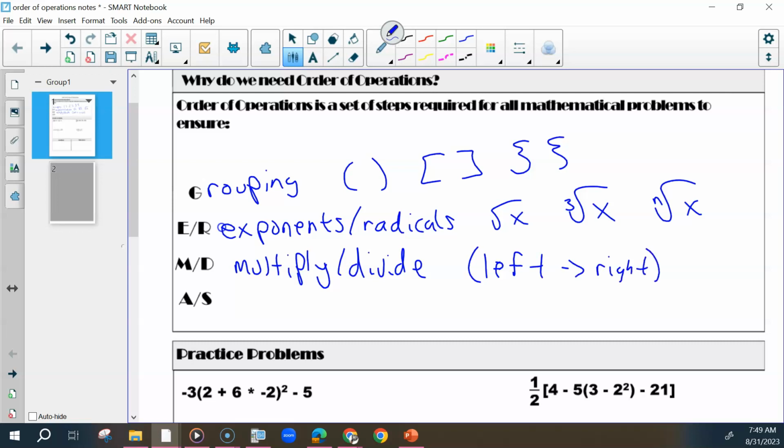So I think a lot of confusion happens there because most people think multiply before divide, but it's whichever comes first when you're reading left to right. And then same thing with addition or subtraction.